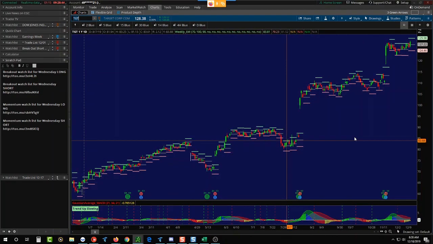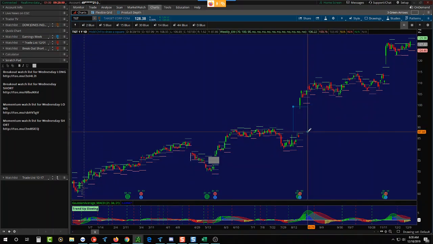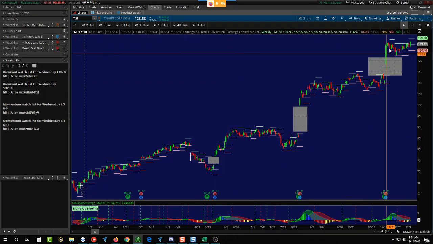Target is a great example of that. You can see that Target had a little one, and then it got a lot darn bigger on the next one, and even this one again. So wanting to avoid a situation like this, I did not trade the FedEx earnings.